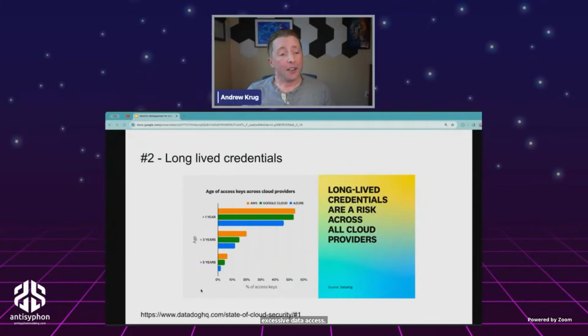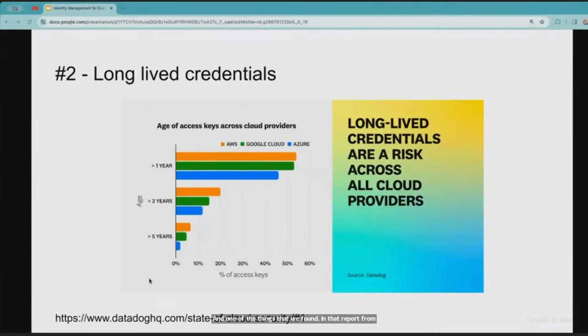As I mentioned, I do work on these research reports at Datadog. We actually just released the Datadog State of Cloud Security towards the end of last year, just right before Amazon reInvent. And one of the things that we found in that report from studying a ton of environments is actually that long-lived credentials are still really a pretty significant problem across all cloud providers.